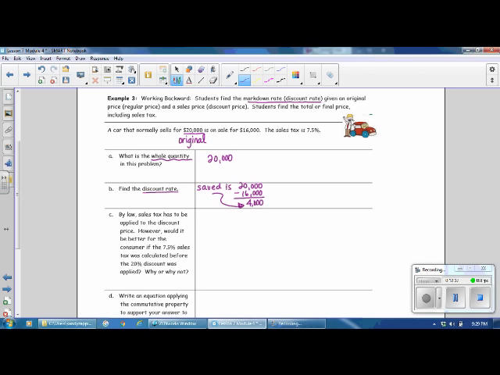And the discount rate is what percent of 20,000 is 4,000. So we can use our equation, quantity equals percent times whole, where the percent is unknown, so we'll let C be the percent discount rate.